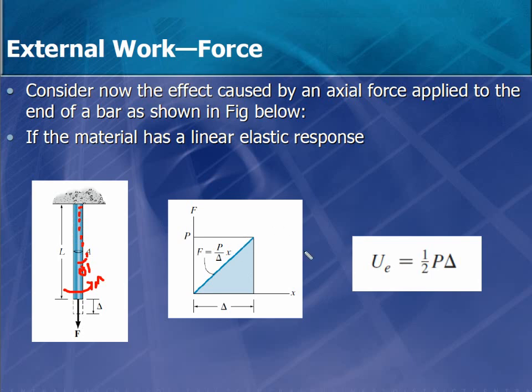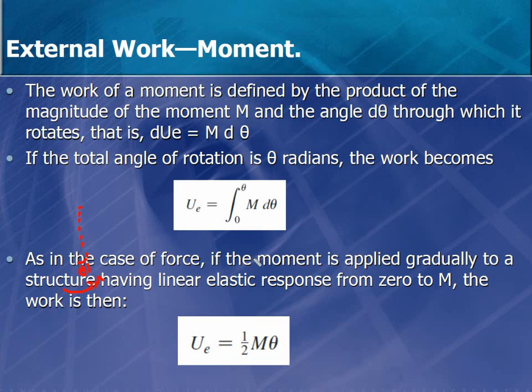which is going to contain integration from 0 to theta of M d theta, which is going to be 1 over 2, in the same manner, 1 over 2 moment times theta.